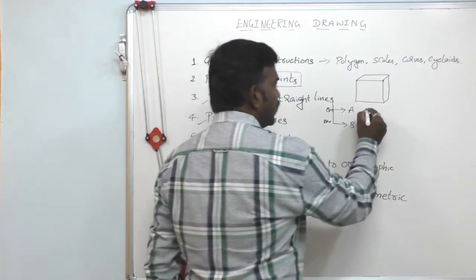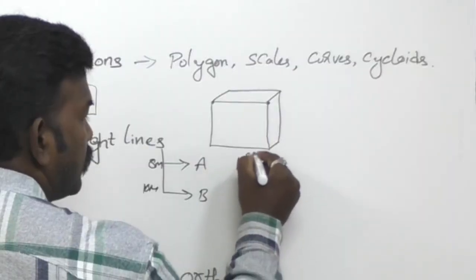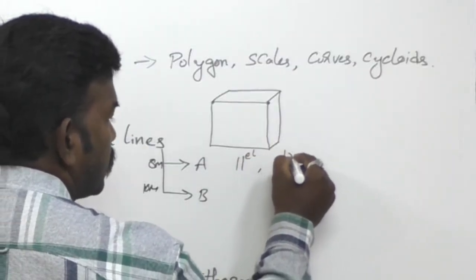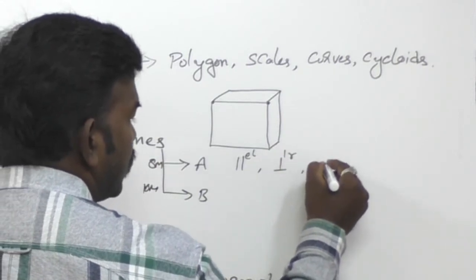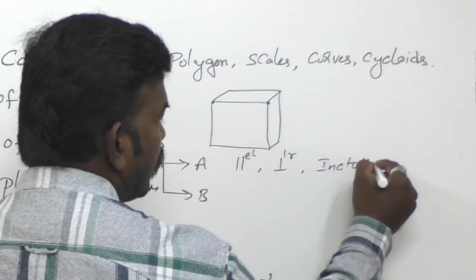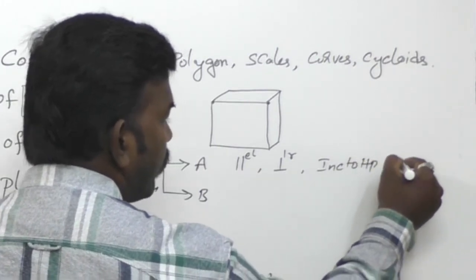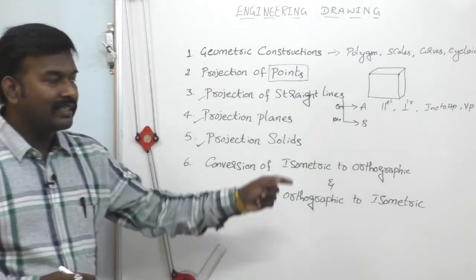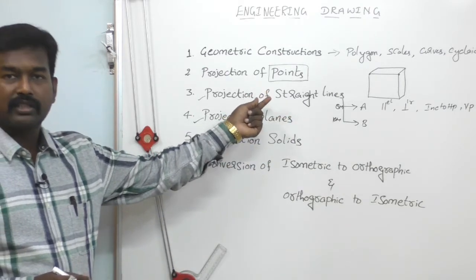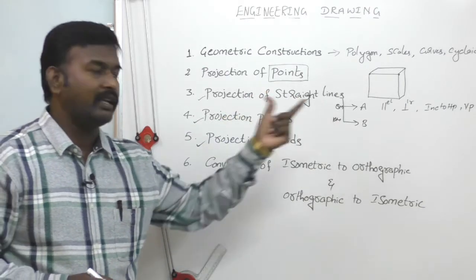A straight line parallel to both planes, a straight line perpendicular to both planes, a straight line inclined to HP and a straight line inclined to VP. These are the basic concepts in projection of straight lines under part A.